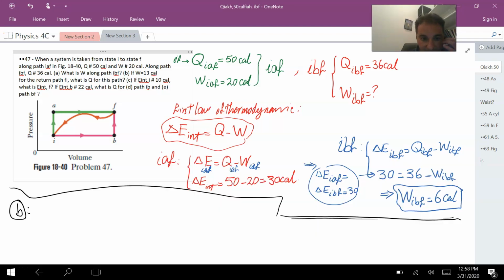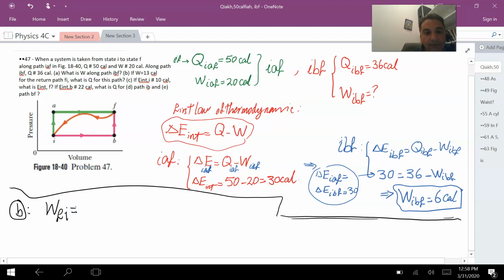When I copy pasted, something like a dollar sign appeared. So if W is 13 calories on the return path of FI, then W in the path of FI is equal to what? 13 calories. Okay. What is Q for this path? What is Q in the path of FI?